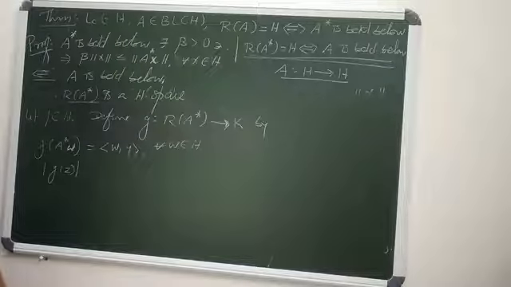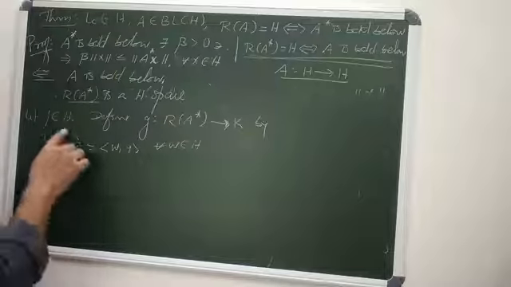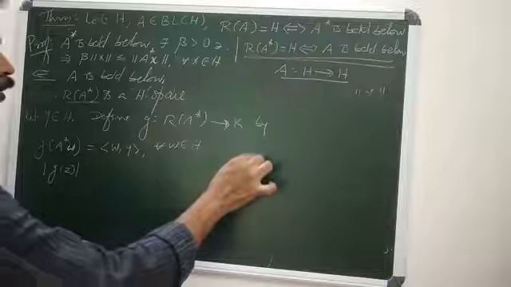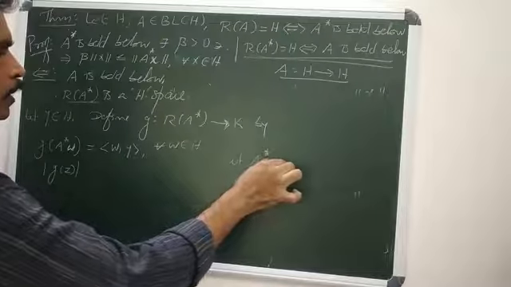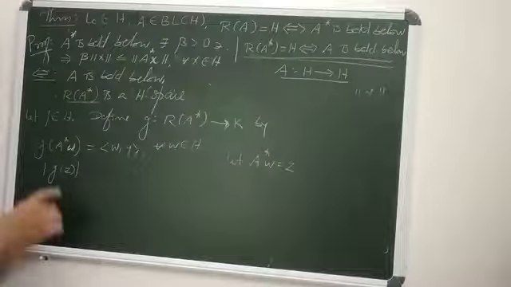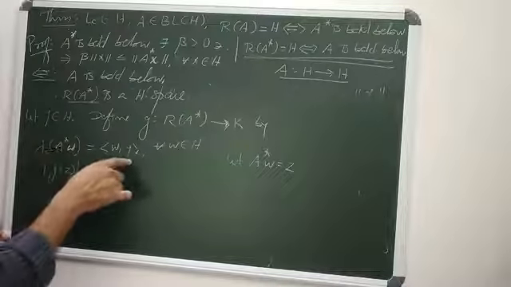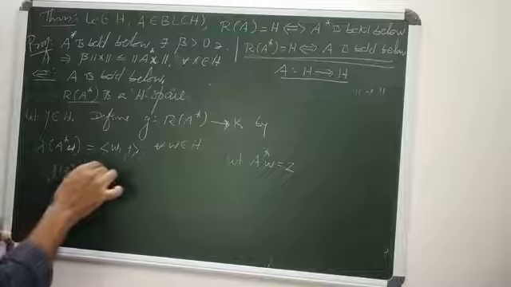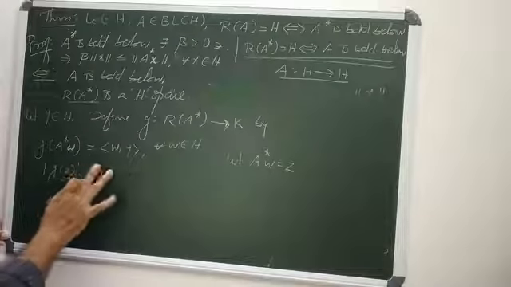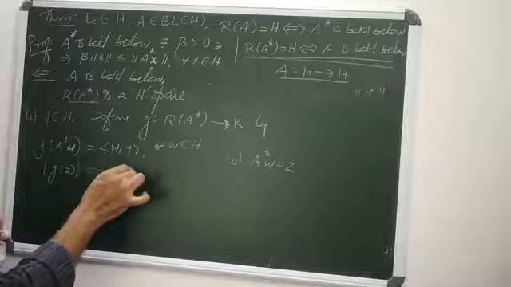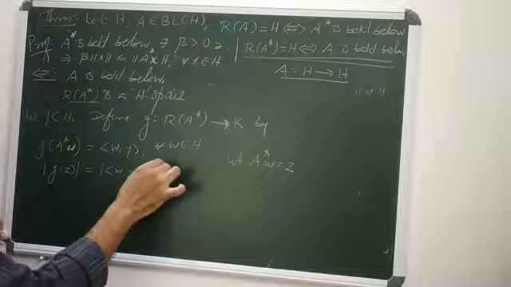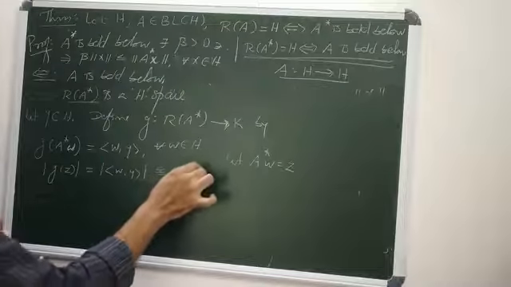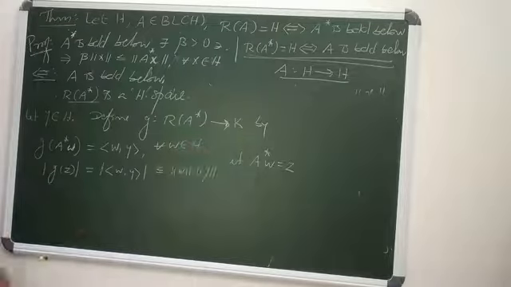Let A*w equal z. Then g(z) equals inner product <w, y>. So |g(z)| equals the modulus of inner product <w, y>, which is less than or equal to norm w into norm y.